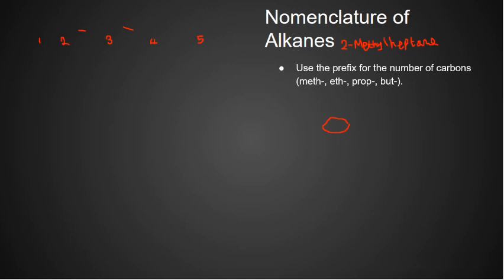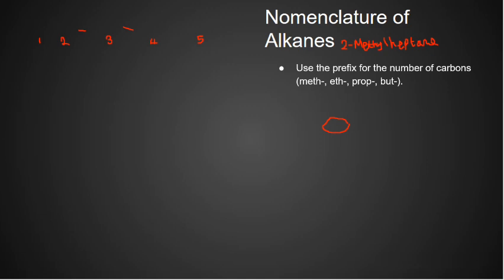Now for instance, we have something we call the prefix. So you use the prefix for the number of carbons. For instance, a hydrocarbon with one carbon is called meth. Then for 2 carbons is eth. Then for 3 carbons is prop. Then for 4 carbons is but.